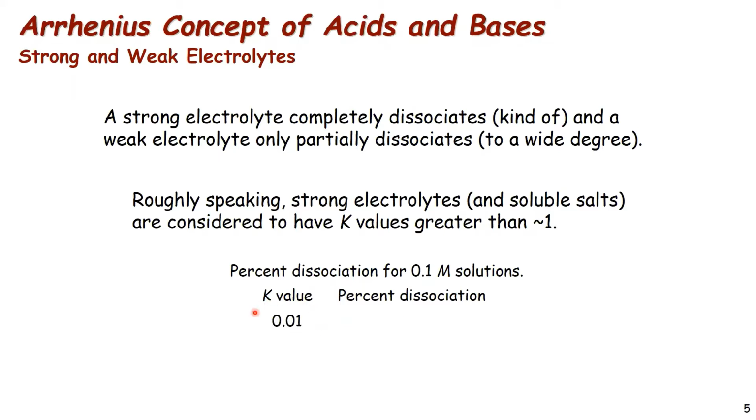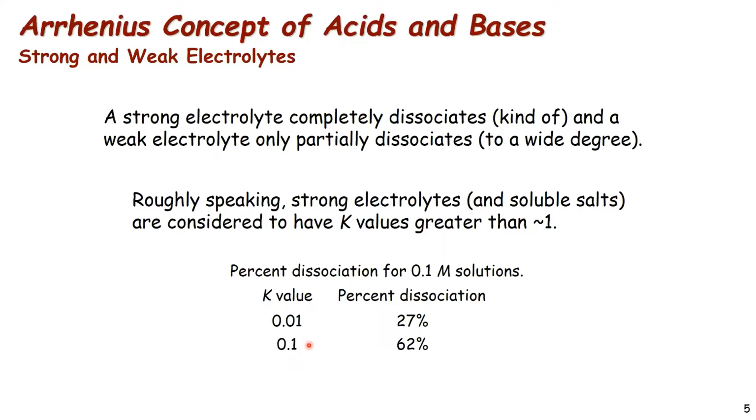If we have a K value like 0.01, so that's 10 to the negative 2, only about 27% of it dissociates.